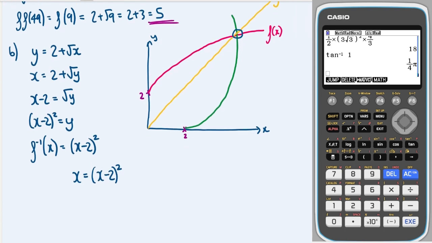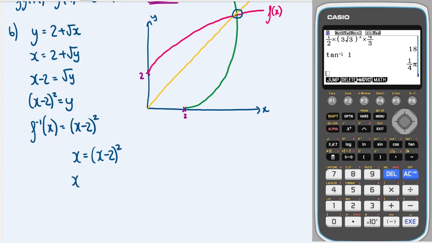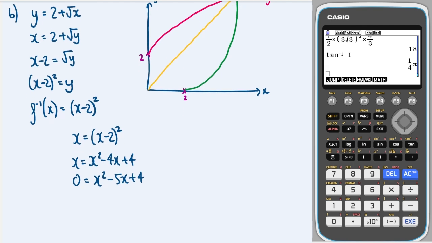So we're going to solve that, and this is going to give me x squared minus 4x plus 4. So we get 0 is equal to x squared minus 5x plus 4. So this is going to give me 0 is equal to x minus 1, x minus 4.